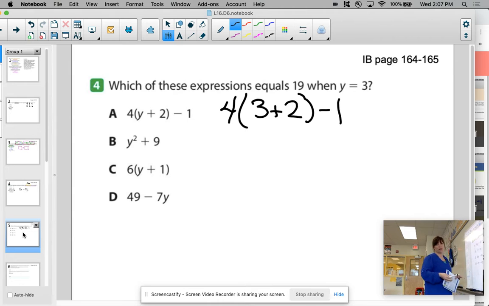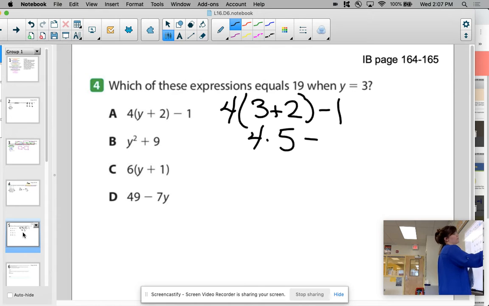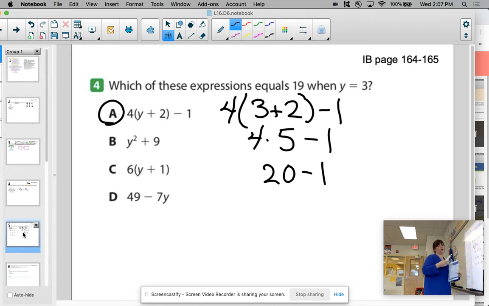When we actually follow the order of operations, we're getting 4 times 5 minus 1, which is 20 minus 1, and that is 19. Now, if it had said choose all that apply, we would have to go and see if there are any more.